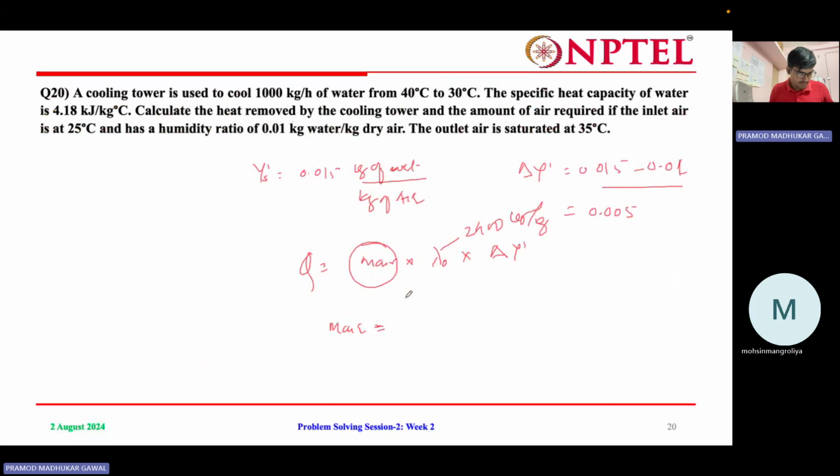So the heat removed, 41800, which we calculated in the first part of this question, divided by 0.005 into 2400. So the m rate is 348.33. The unit is kg of dry air per hour.